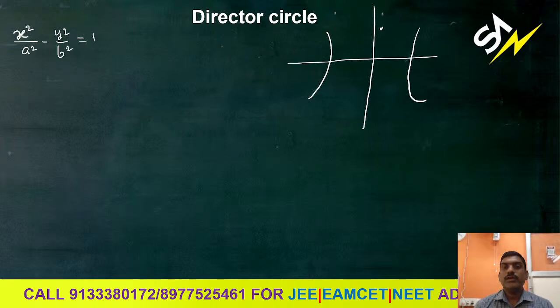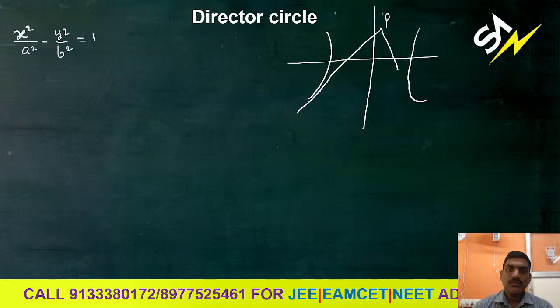Here there is a point P. From this point P, we are drawing the tangents. This is the first tangent to the hyperbola, and this is the second tangent to the hyperbola.